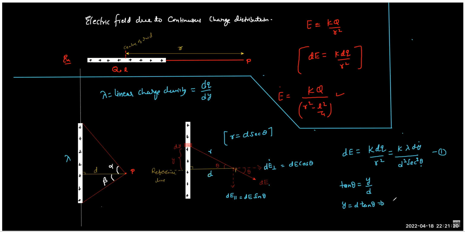And now I can differentiate with respect to theta on both sides. It will give you sec square theta. And this will help us in eliminating dy in terms of theta. So we can eventually write like this: dy is equal to d sec square theta d theta.